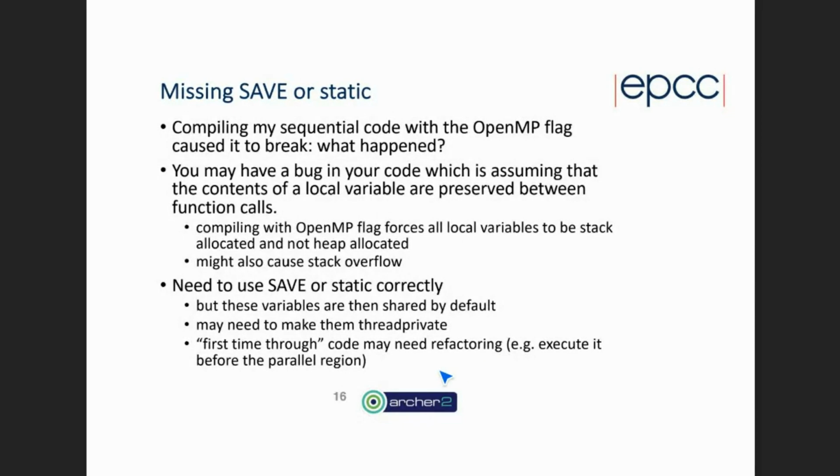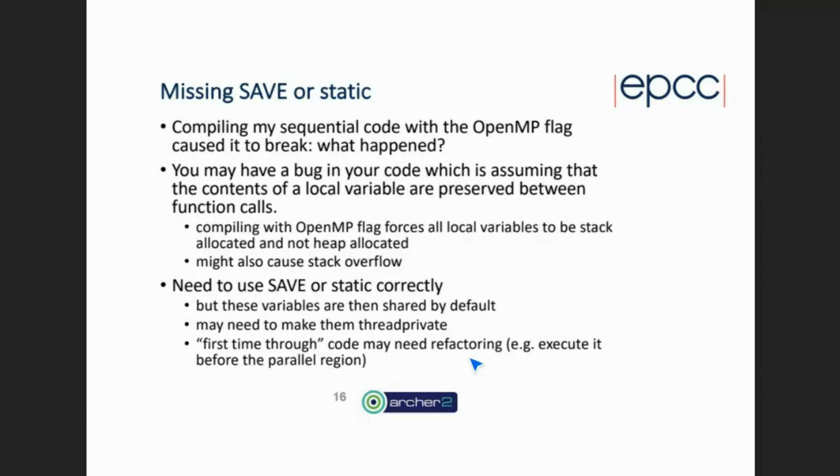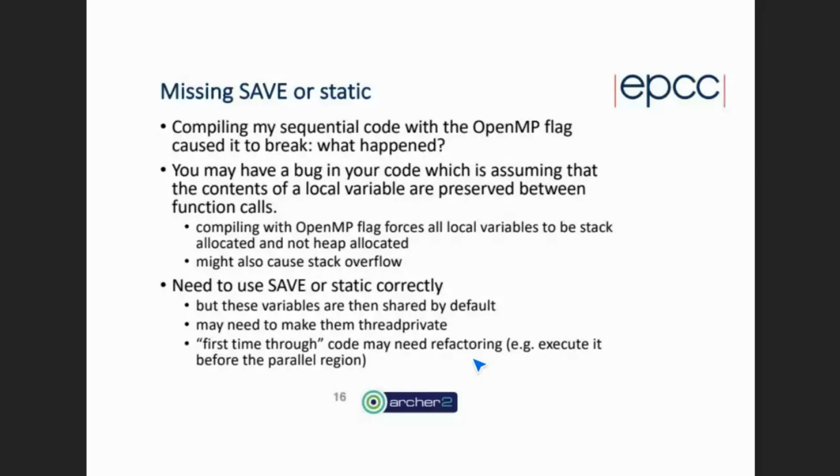If you have that kind of pattern, then you might have to think about what you're going to do. If the first call is going to come from inside a parallel region, then you have to somehow agree as to which thread's going to execute it, or you might have to do some more complicated refactoring to get around that kind of pattern.